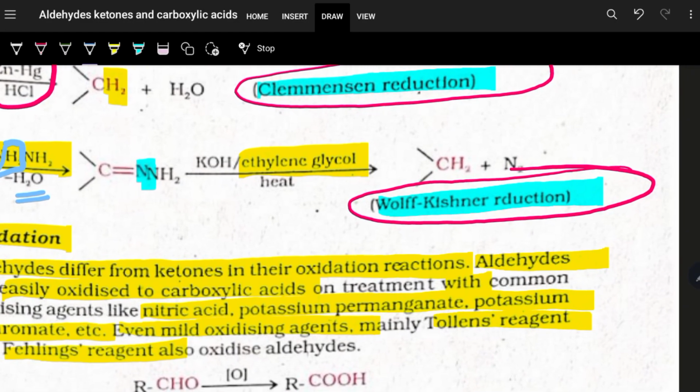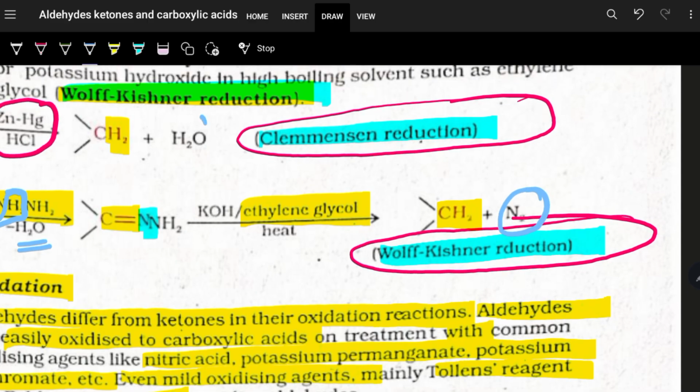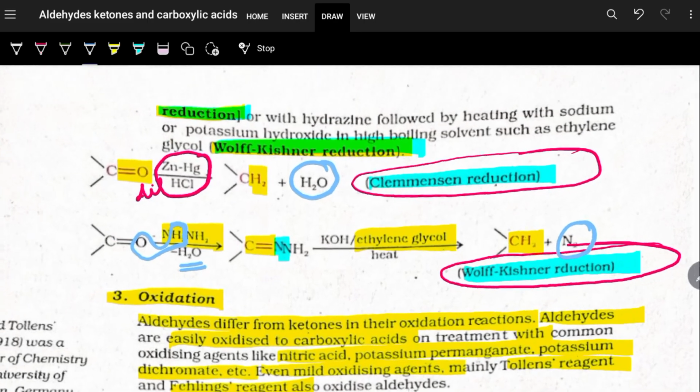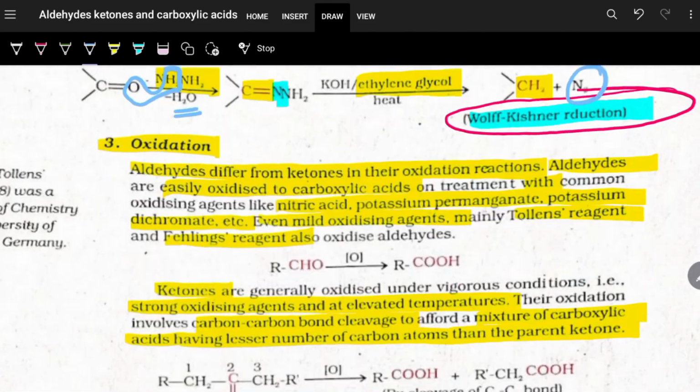And with ethylene glycol, remember again like the previous case, the C double bonded O system is changed to CH2, and N2 is getting eliminated. N2 is the side product here, H2O is the side product earlier. So these are the two methods of reduction to hydrocarbon and these are the two name reactions.